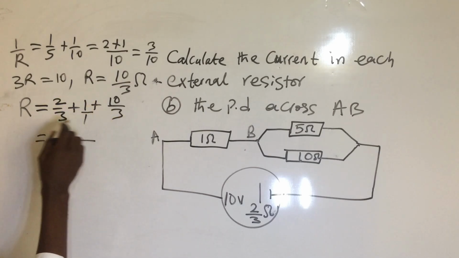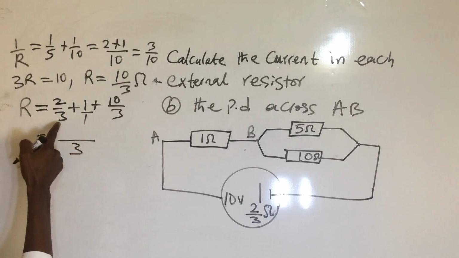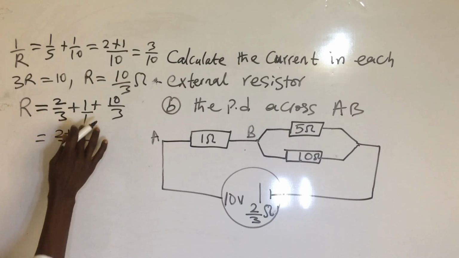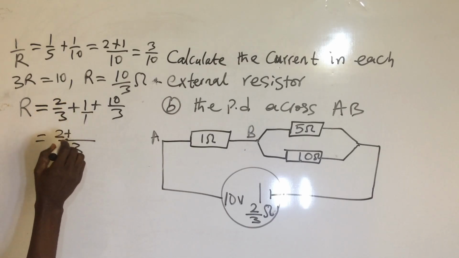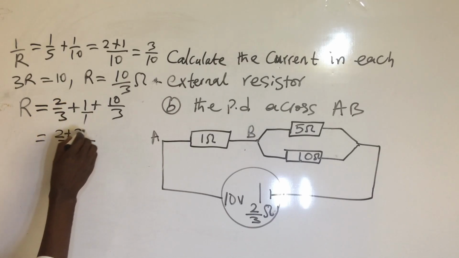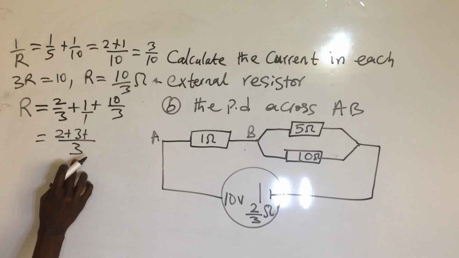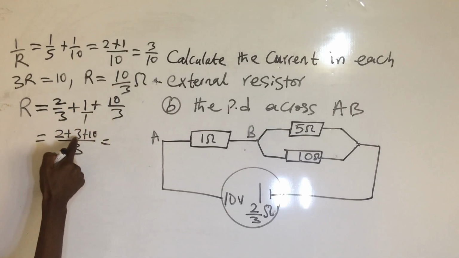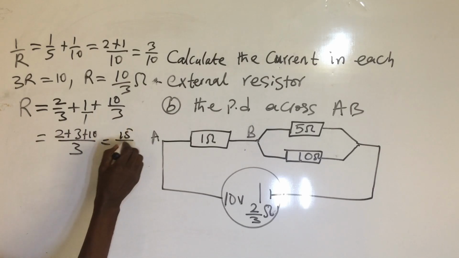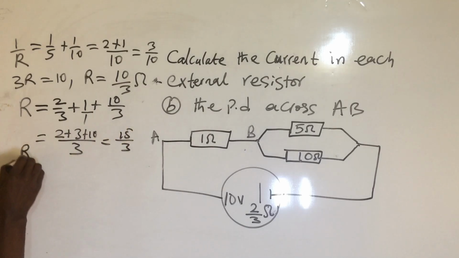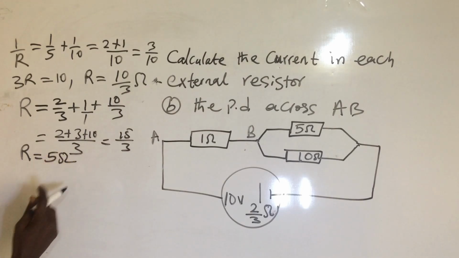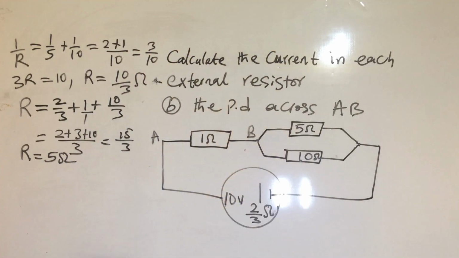The LCM of the denominators is 3. 3 divided by 3 is 1, 1 times 2 is 2, plus 1 divided by 3 is 3. 3 times 1 is 3, plus 3 divided by 3 is 1, 1 times 10 is 10. When you add all of them, it gives us 15/3. Therefore, the total resistance is 15 divided by 3, which is 5 ohms. Total resistance of all of them is 5 ohms.